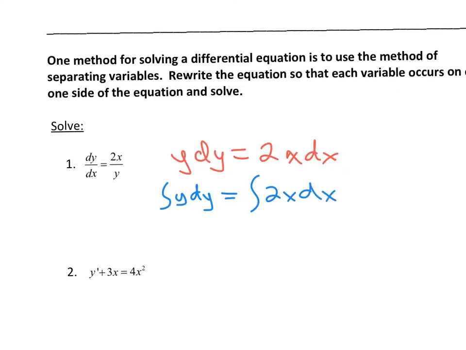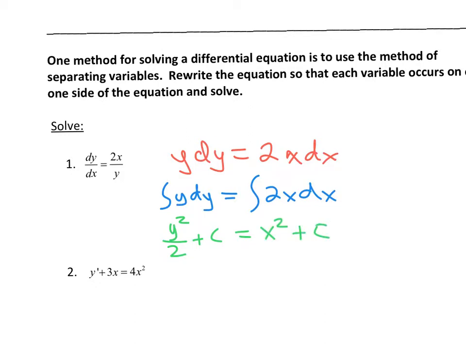And by doing that, I'm going to get rid of dy and dx, so I'll just have an equation that has y's and x's. Alright, so the integral of y dy is y squared over 2 plus c, and that's going to equal 2x squared over 2, which is just x squared, plus c.